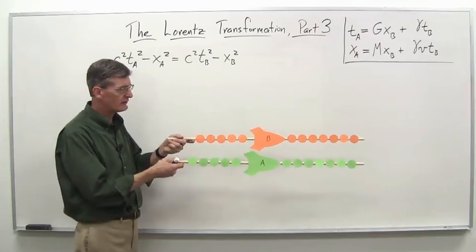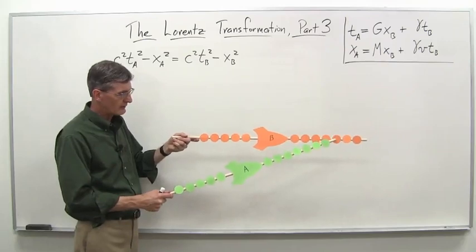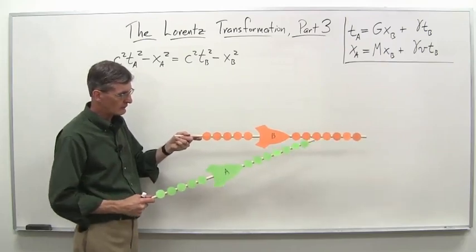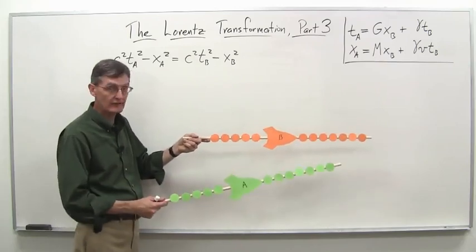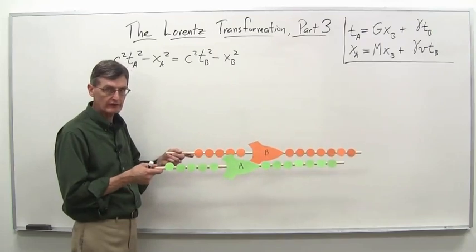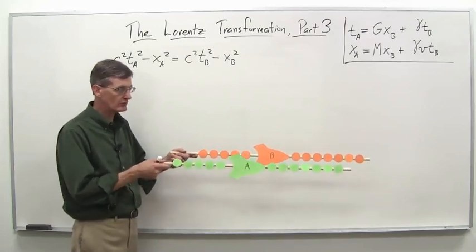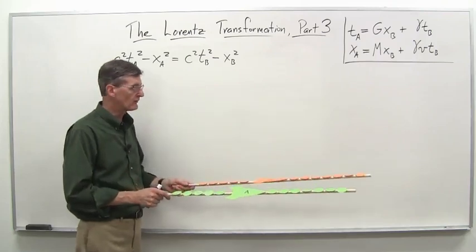And so the idea here is that if Bob measures some event, maybe out here, that occurs at clock 1, 2, 3, 4, 5, something like that, and at some time in his synchronized lattice of clocks, what is that going to be in Alice's frame of reference? What time and location with respect to her lattice of clocks? So that's the idea here.